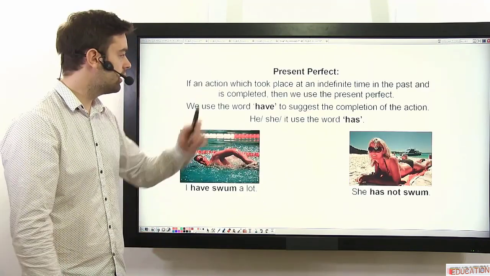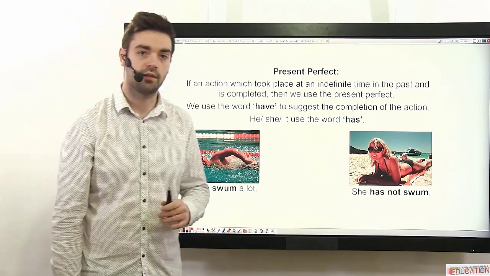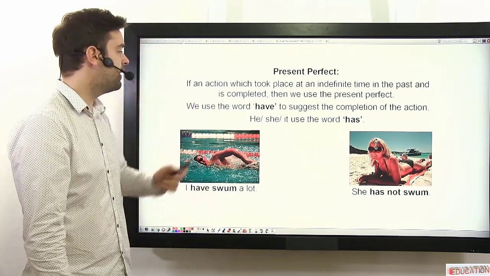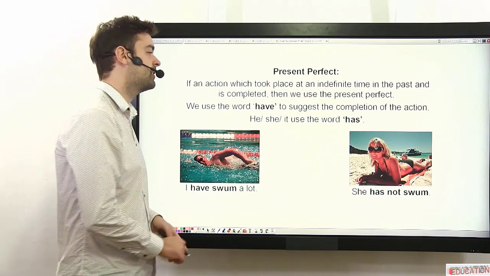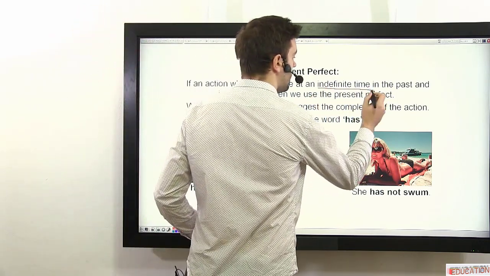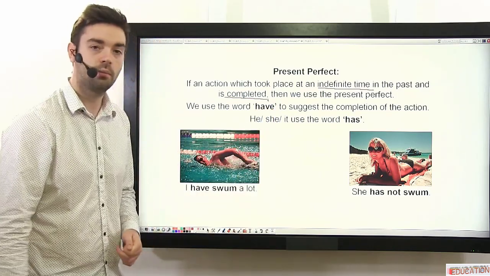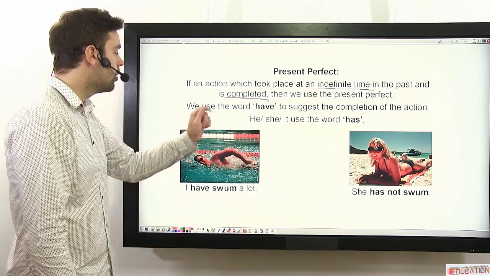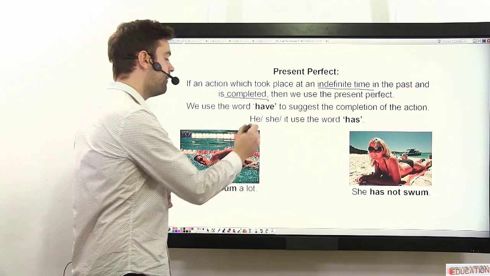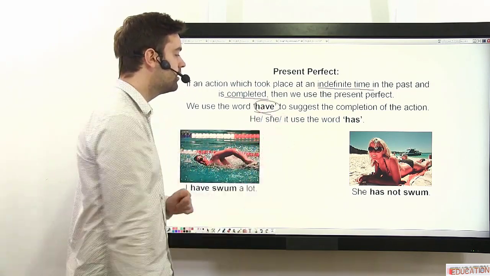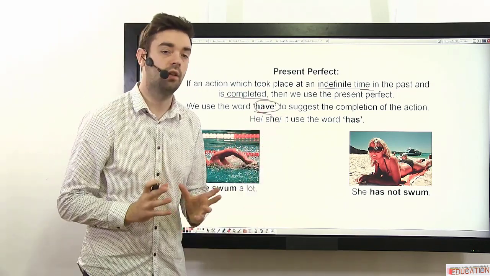So firstly, let's take a look at the present perfect. If an action took place at an indefinite time in the past and is completed, then we use the present perfect. We use the word have to suggest the completion of the action.